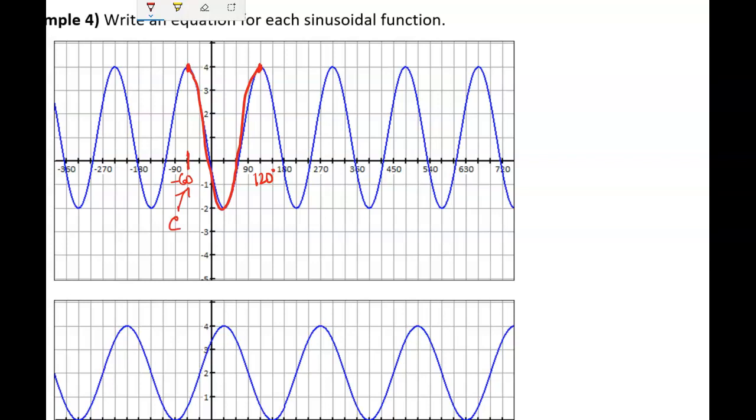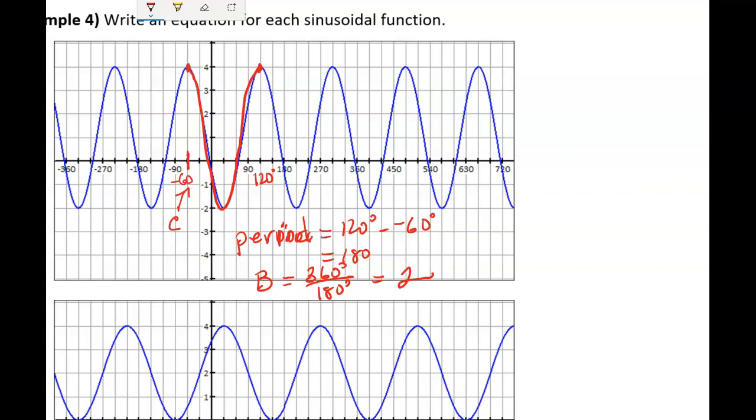And then the period, if I can spell that right, period is equal to 120 minus negative 60, or 180. That means that our B value is going to be 360 divided by 180, or 2. So our B value is 2.